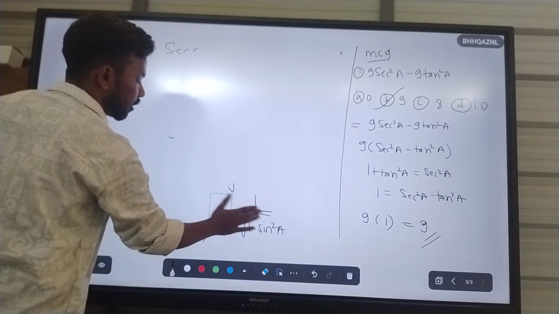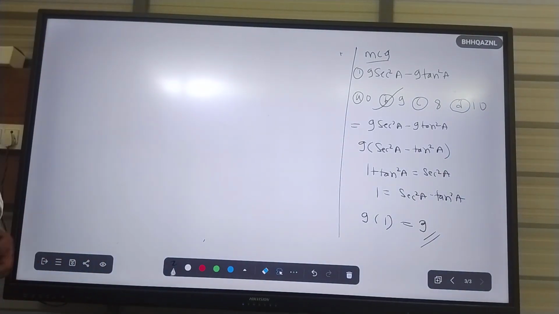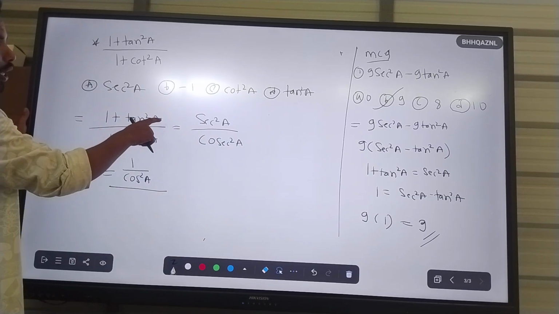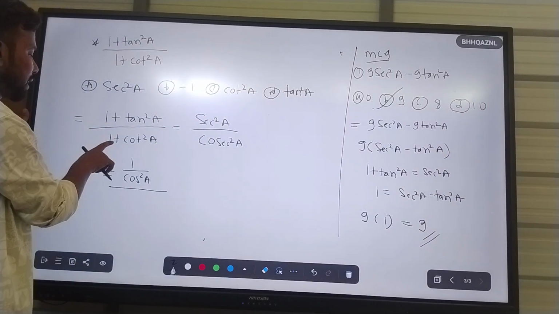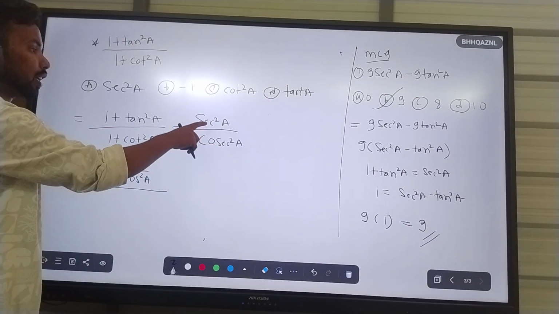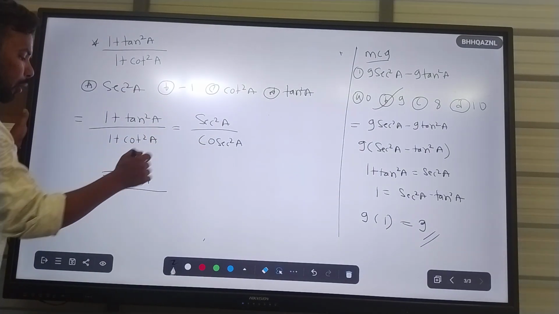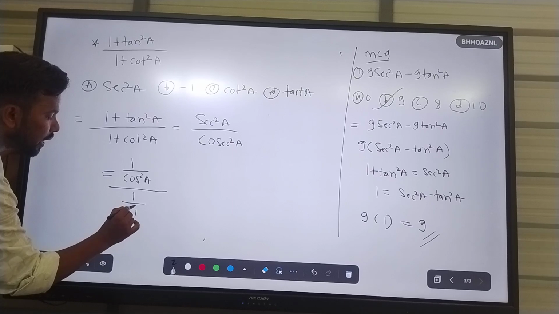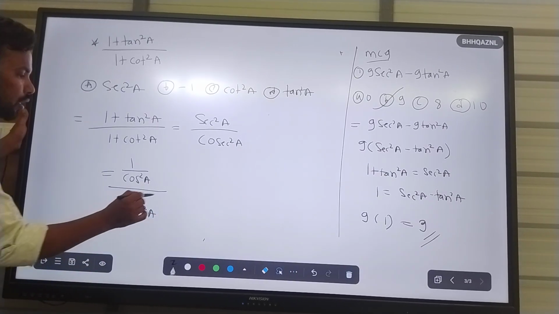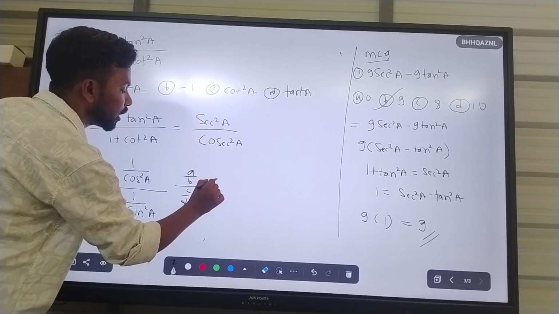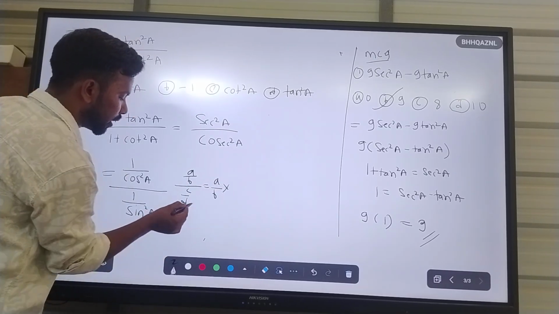Take down this. Okay. 1 plus tan square is equal to what? Secant square A. 1 plus cot square is equal to what? Cosecant square A. So secant square is the reciprocal, 1 by cos square A, and cosecant square is 1 by sin square A. Now a by b whole divided by c by d becomes a by b into d by c.